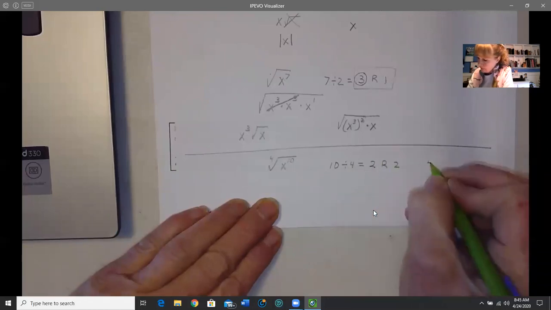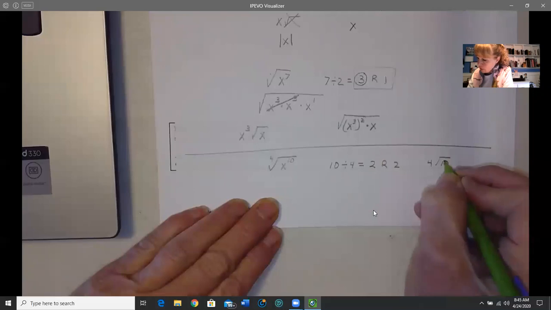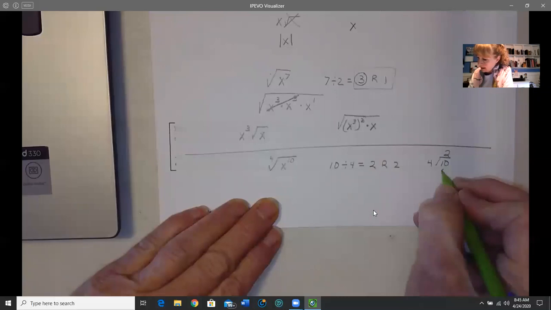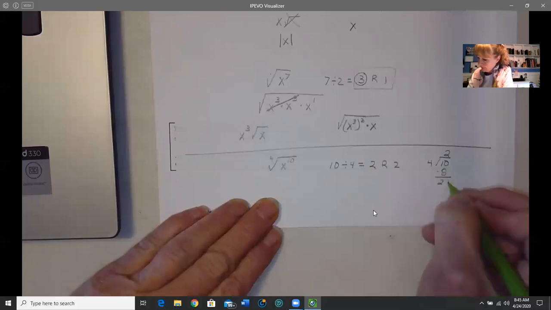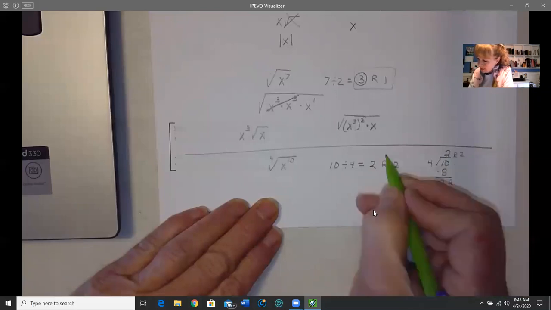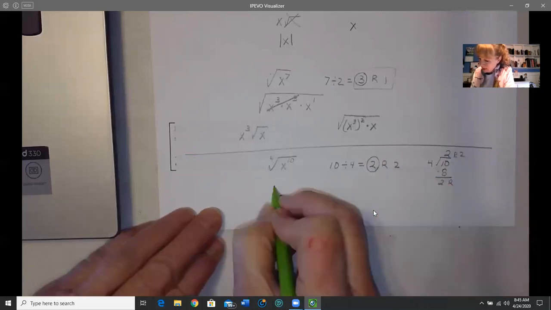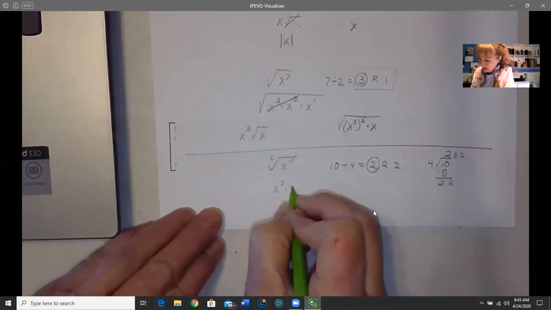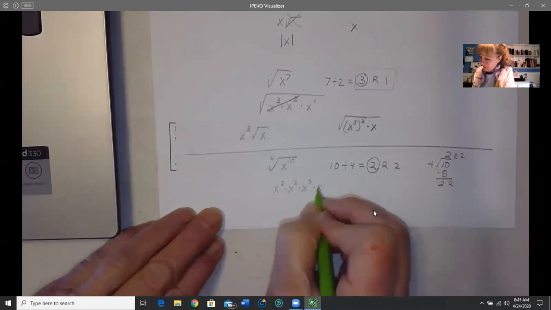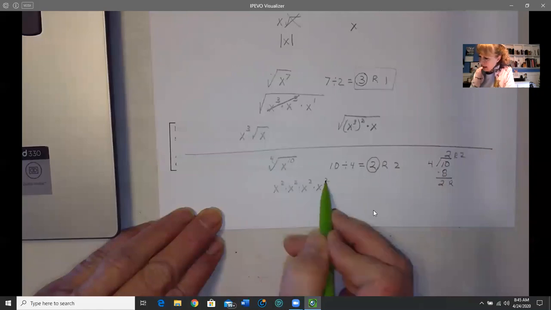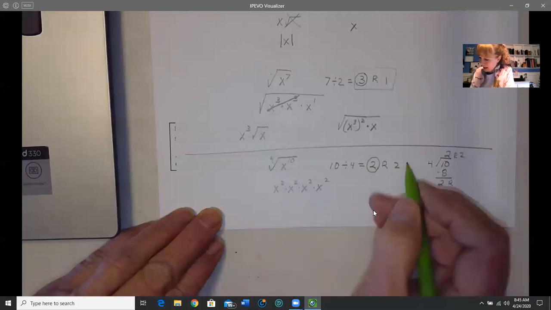So in other words, 4 into 10, it goes twice, that's where this came from, and it has a remainder of 2. So this tells me my exponent, so I've got x squared times x squared times x squared times, I have 4 of them, I have 4 of those groups, and then I have a remainder of an x squared.